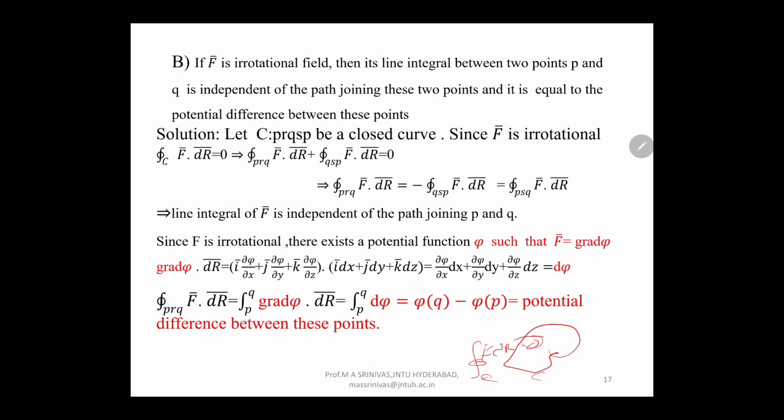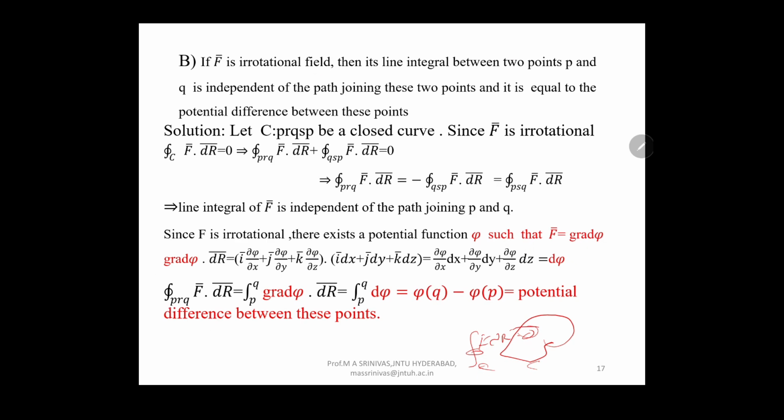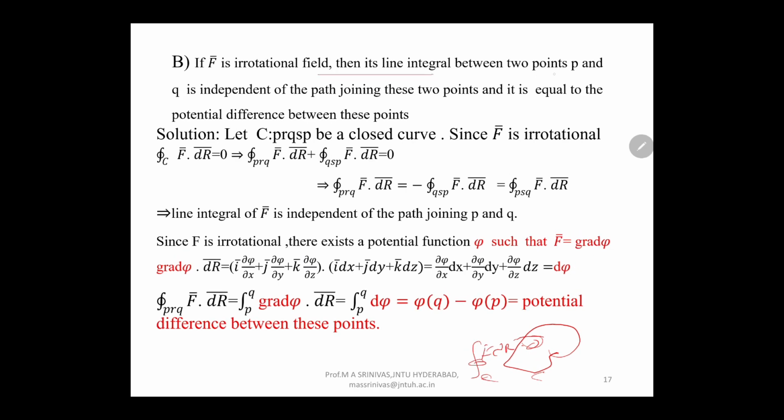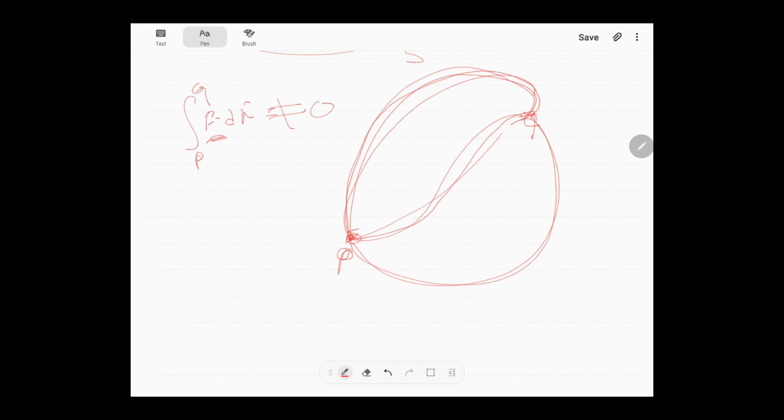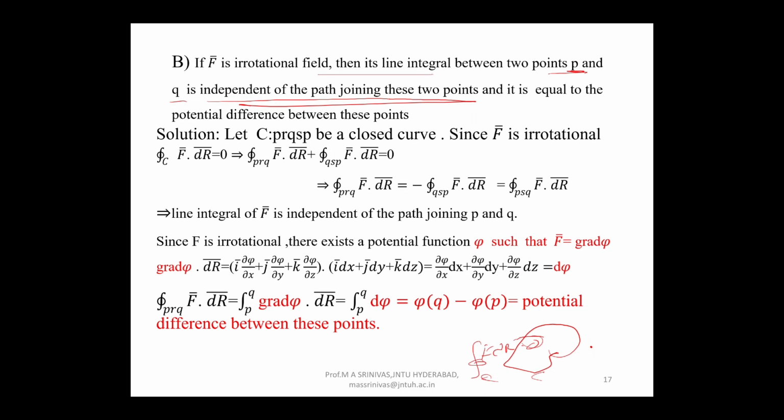That is the theorem. If f bar is an irrotational field, then the line integral between 2 points P and Q is independent of the path joining these 2 points. Whatever path you take, either this path, or this path, or this, for any path, the line integral value is always the same.